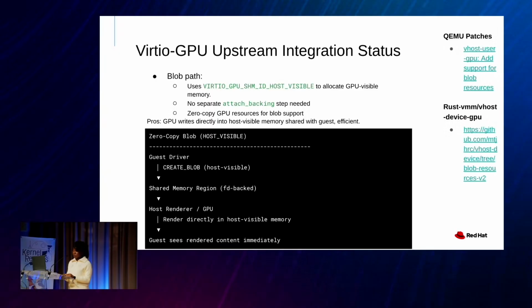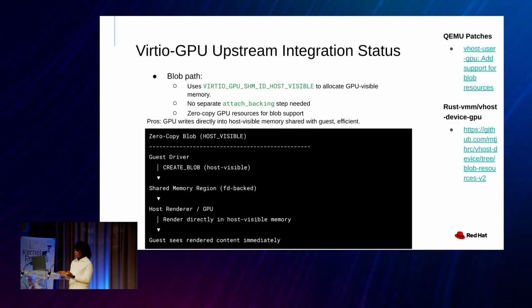And this led us to the blob path. So why is the blob path important? With blob resources, following the patches that Matei worked on for inclusion in QEMU and the vhost-device-gpu, the memory is created at the same time as the resource. And with that, it supports zero copy, which means that the data does not need to be copied between the guest and the host GPU memory like we're doing with resource create 3D in the previous slide.